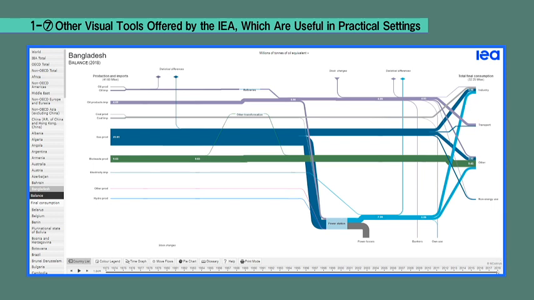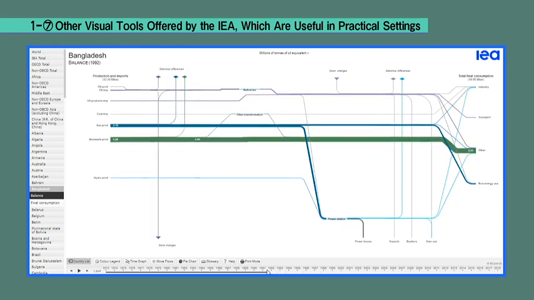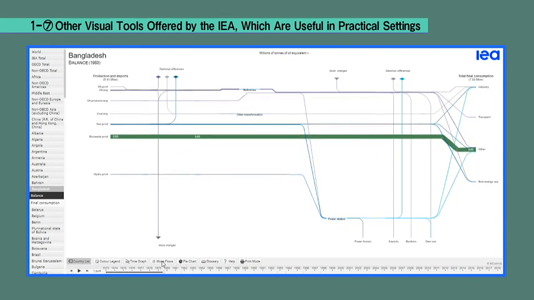Please note that in the bottom part, years are shown. 2018 is the latest, though it's a bit small and may be hard to read. If you keep scrolling, you will see the changes in the flow of energy supply and demand over the years.